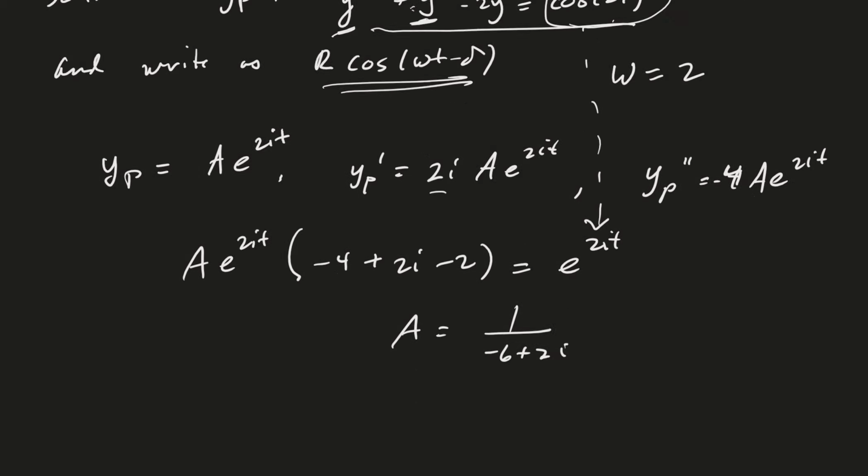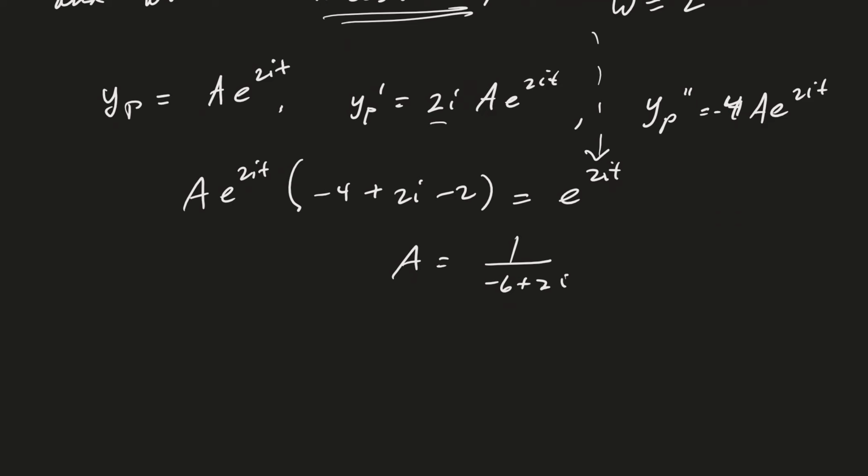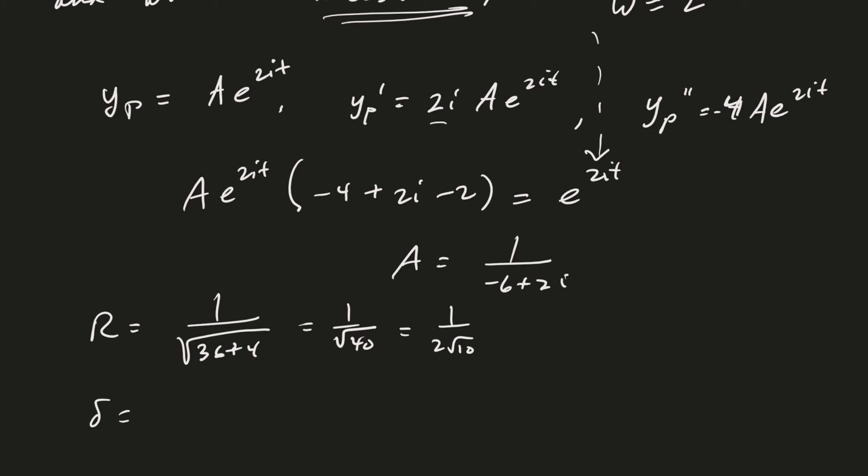And that pretty much finishes this off, right? Because now we can say that r is equal to 1 over the square root of 36 plus 4, 1 over the square root of 40. Should we simplify that? 4 times 10, right? 1 over 2 square roots of 10. Okay, and then the delta is the argument of minus 6 plus 2i.